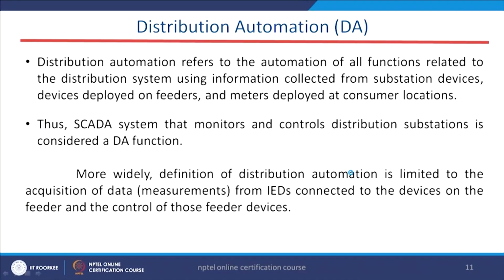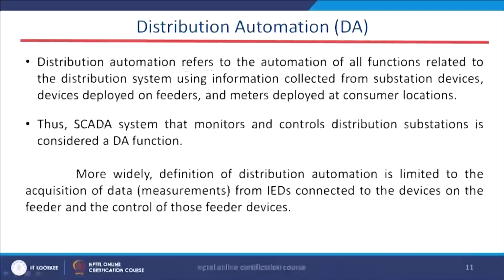The distribution system is basically automated as far as the operation is concerned, as far as the control is concerned, as far as the monitoring is concerned. It should be automatic in nature. That is what distribution automation is. So, this distribution automation refers to the automation of all functions related to the distribution system. This automation is important.